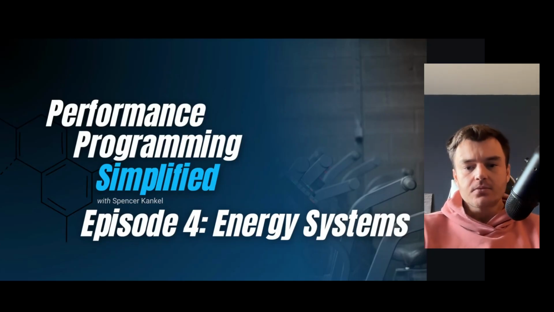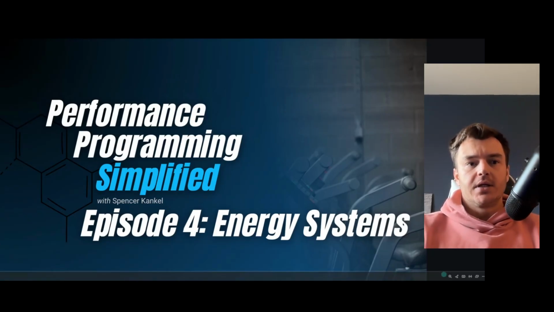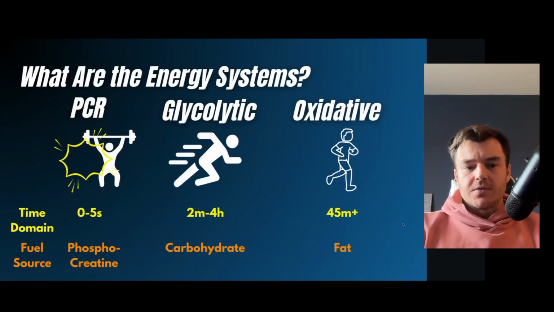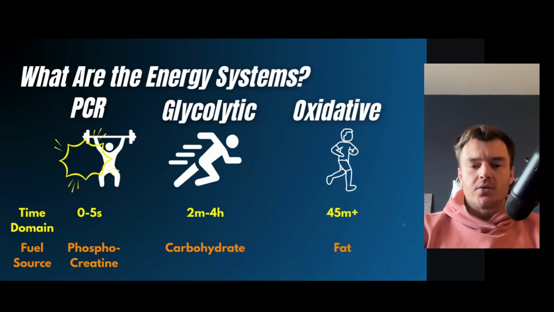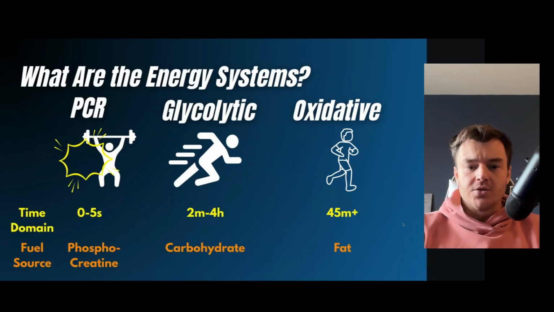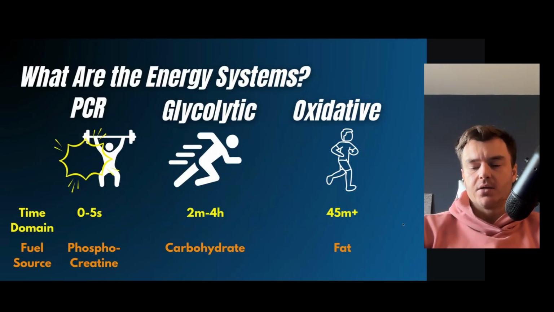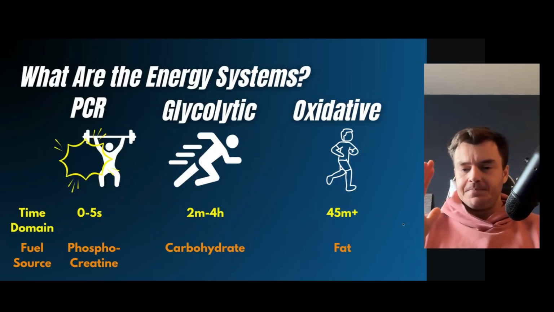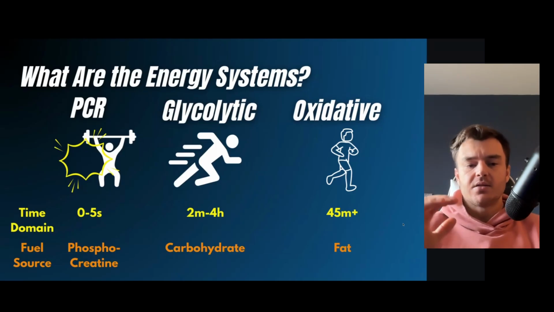Okay. So if I can get this going here. So what are the energy systems? You've got your phosphocreatine system, your glycolytic system, your oxidative system. So in general, there are three main energy systems, and you've probably seen something like this before. Like CrossFit really popularized a graph, I think, at one point, where they're like, if the time domain is between 0 and 5 seconds, you're training your phosphocreatine system.